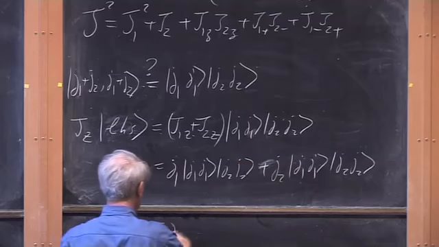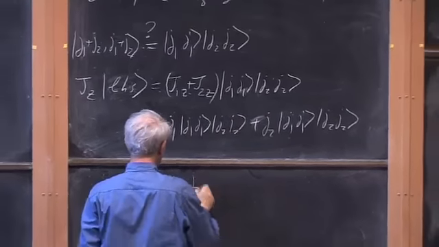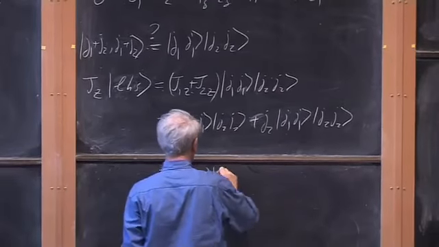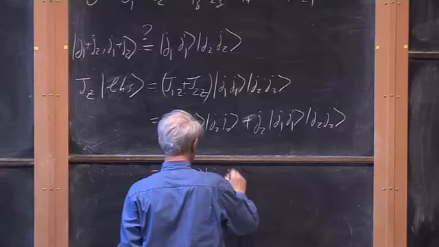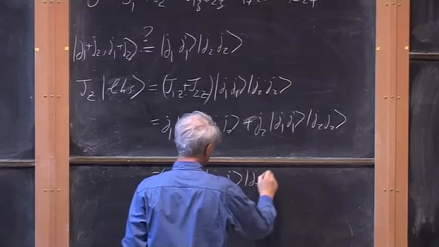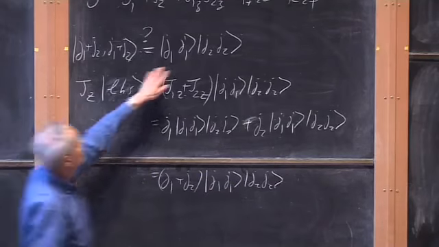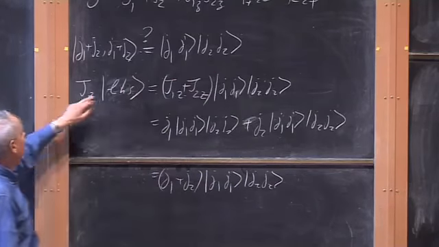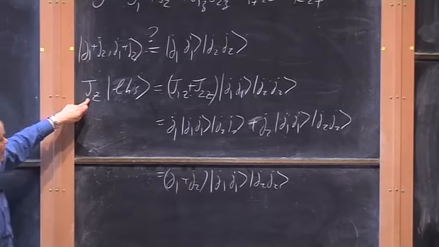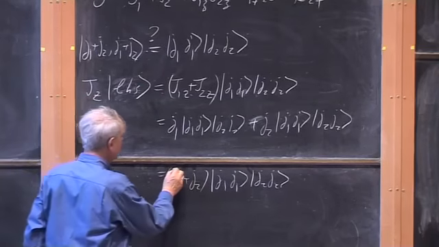So indeed, we get j1 plus j2 times what we started with, |j1, j1>|j2, j2>. So that confirms that this object is an eigenfunction of this operator for the box with the expected eigenvalue.